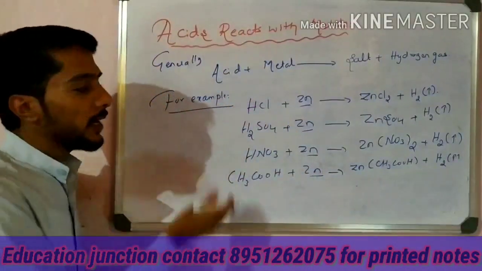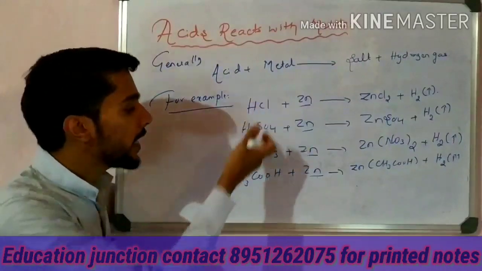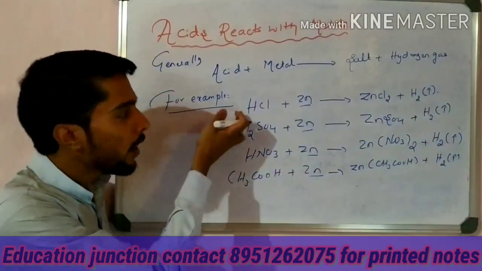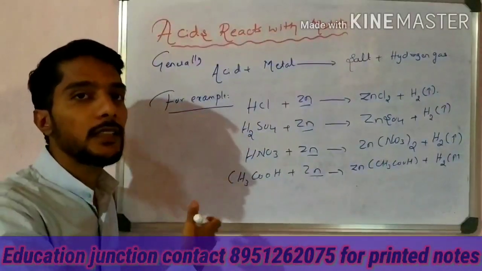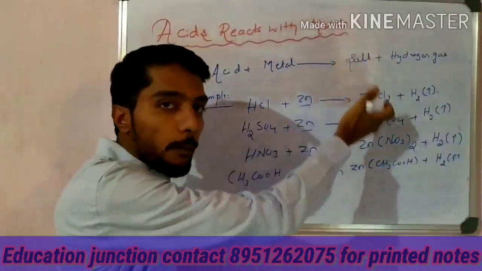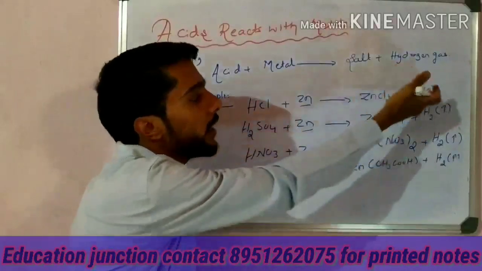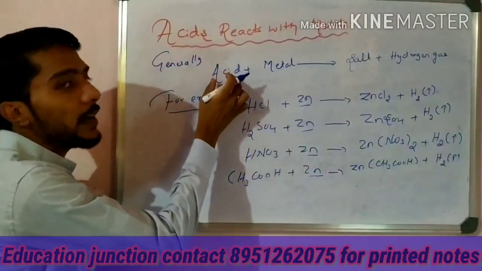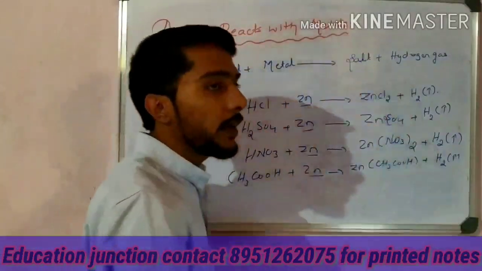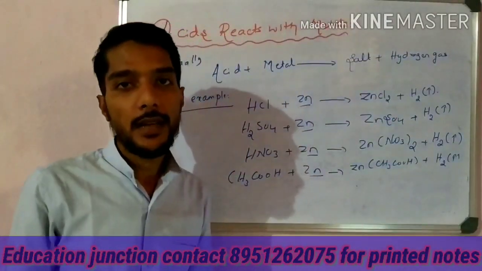I change the acid, take any acid, maybe a weak acid or a strong acid, maybe hydrochloric acid or nitric acid. In all the acids we get a particular metal salt and hydrogen gas. So in general, I write: when acid reacts with metals, salt and hydrogen gas are liberated.